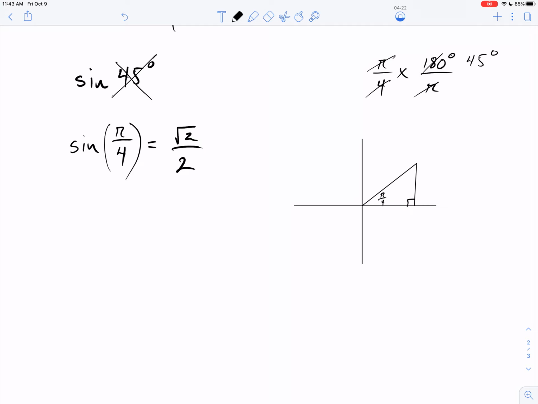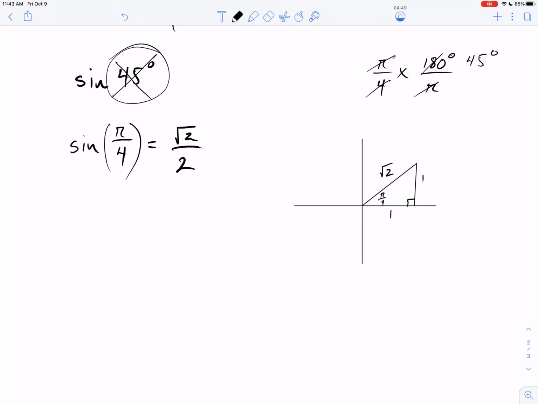And I know that's a 45, so I go opposite is a 1, this is a rad 2. Because remember, we're going to be using our special triangle stuff. So for 45-45s, we use 1, 1, rad 2. For 30-60-90s, we use 1, rad 3, and 2. So guess what? We're going to find a lot of multiples of 45, 30, and 60.